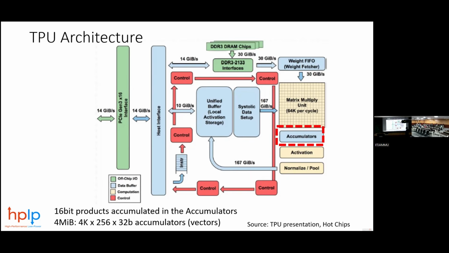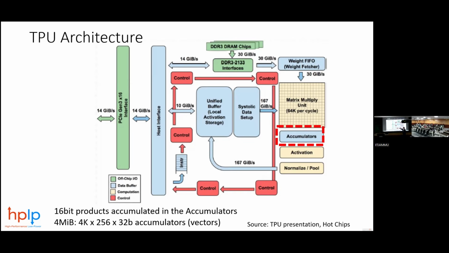So for that, the data still needs to come from some memory. So there is a DDR interface to external memory. Then you can think of it as a cache that sets up this systolic data.